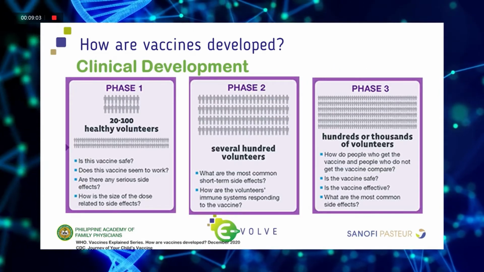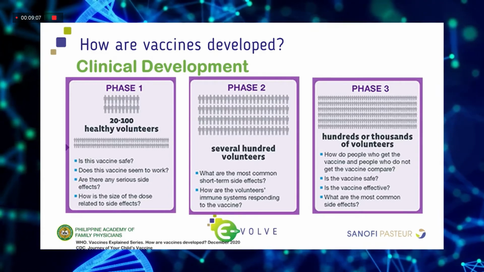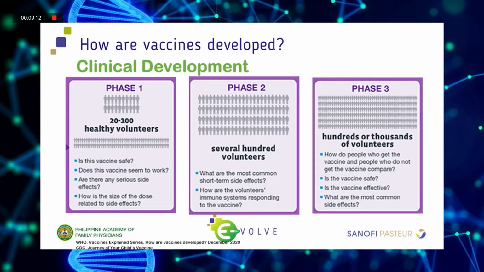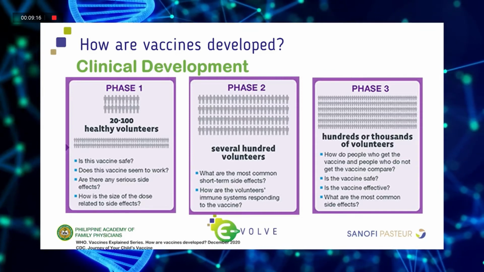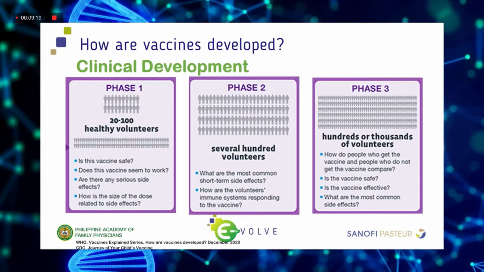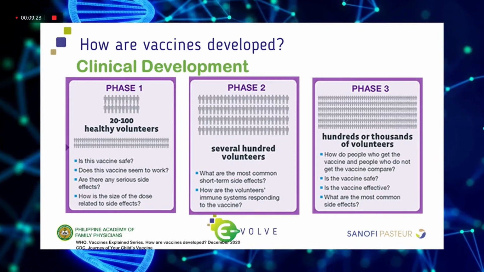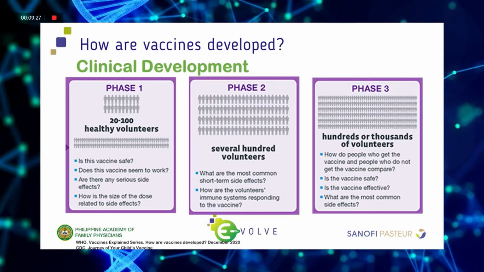When the developer is ready to begin studies in humans, they compile the results of their laboratory and other preclinical testing, as well as information pertaining to the manufacturing technology and the quality of the vaccine, and submit this to the regulatory authorities such as the FDA in the form of an investigational new drug application.